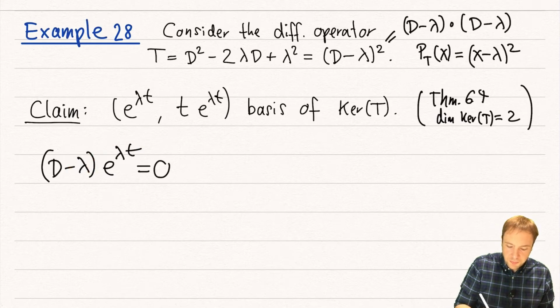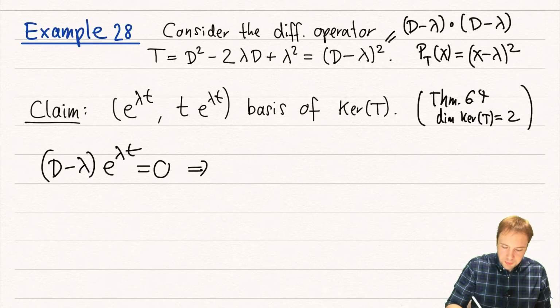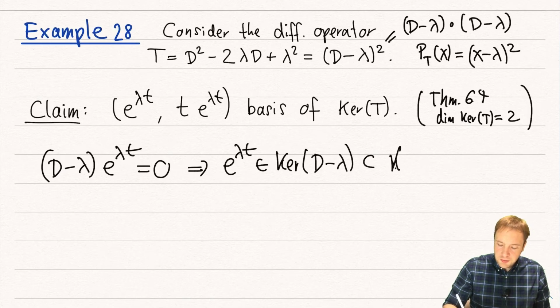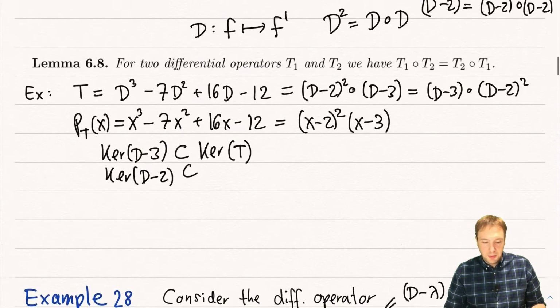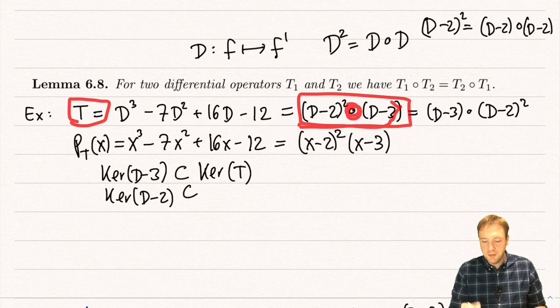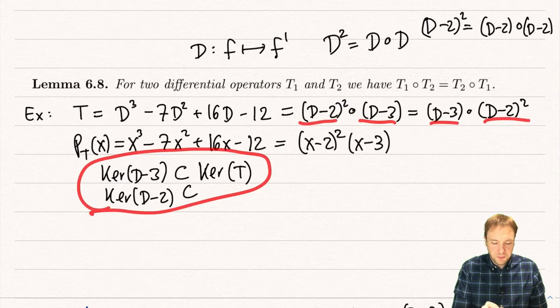So e to the lambda t is already in the kernel of D minus lambda, and the kernel of D minus lambda, as we saw before, is in the kernel of T. Because if I can write T as a product like this, by product I mean applying these operators, the concatenation of functions, then the kernel of these parts are already contained in the kernel of this operator T.